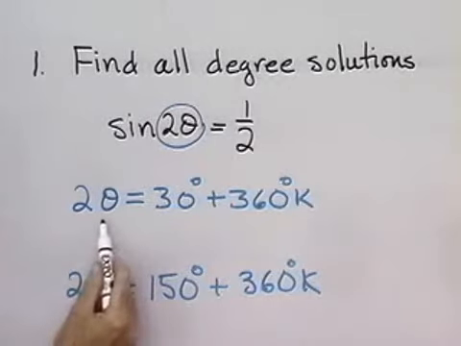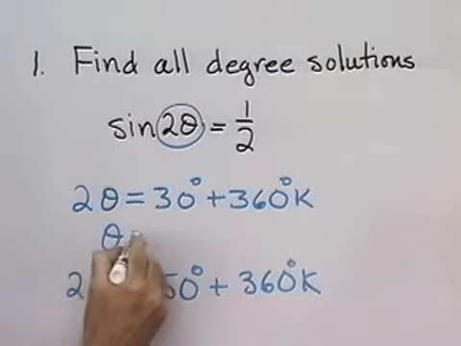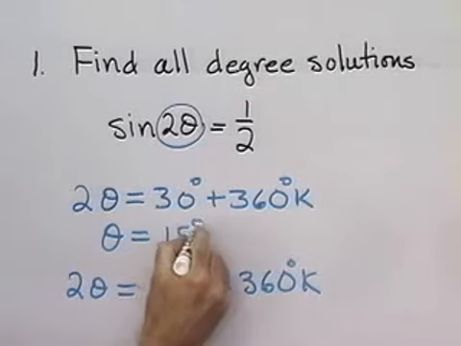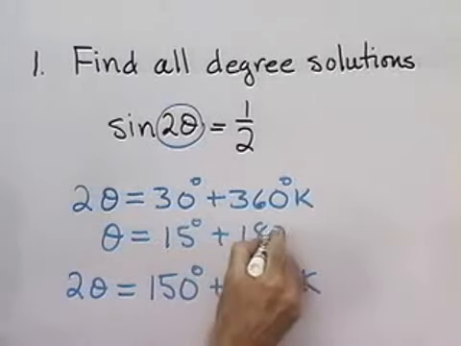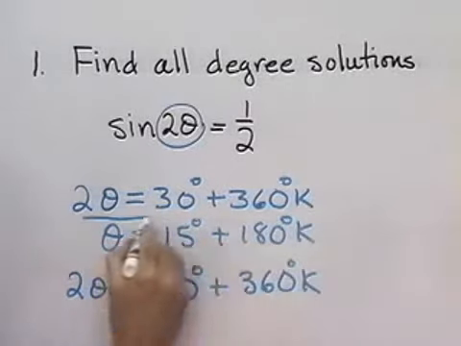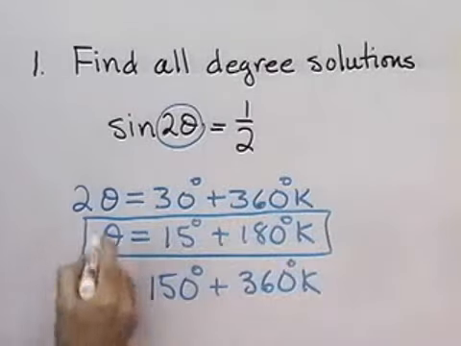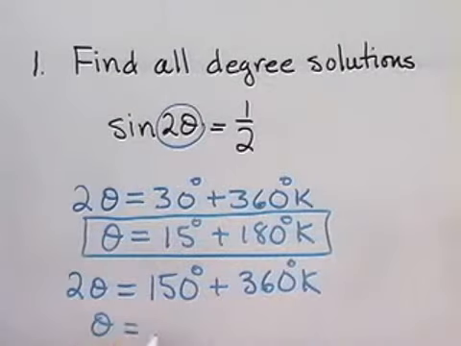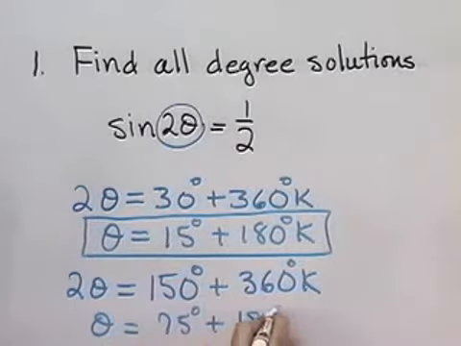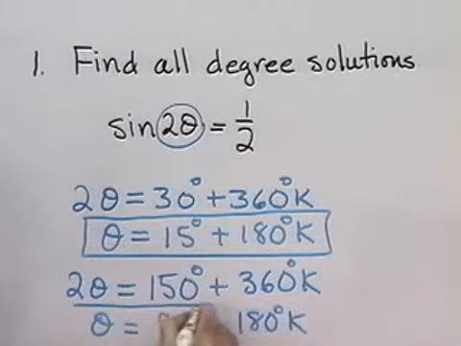To find the solutions for theta, I just divide by 2. Theta is equal to 15 degrees plus 180 degrees times k. There's one set of solutions, and then here I'll divide by 2 also and get 75 degrees plus 180 degrees times k.